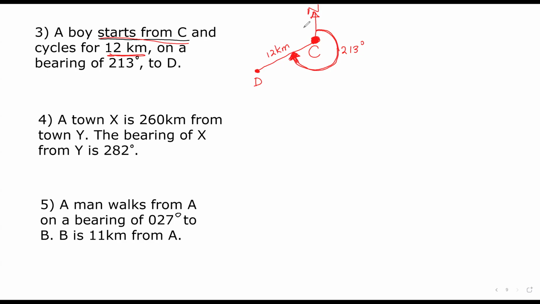The second one: town X is 260 km from town Y. If it's from town Y, that is your starting point. So this is Y, and you're going to put your north line at Y. This is where your north line would be. It says the bearing of X from Y is 282 degrees.